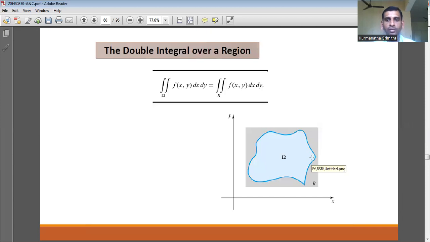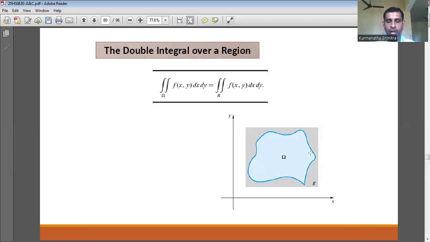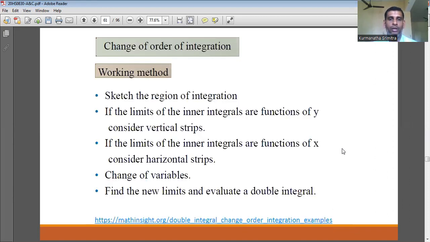In the region, if you calculate the double integration for the function f of x y, you get the area occupied by the region bounded by R. So by using double integration, you can calculate the area bounded by some curve R. So it is a double integration.